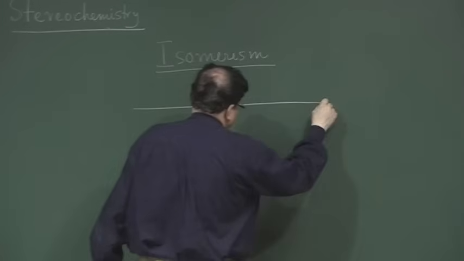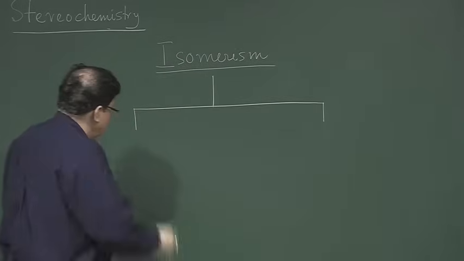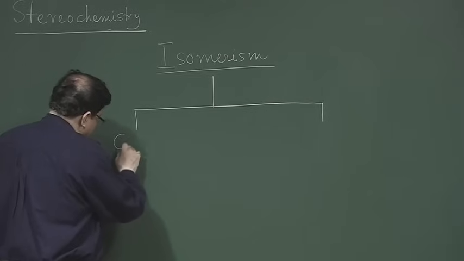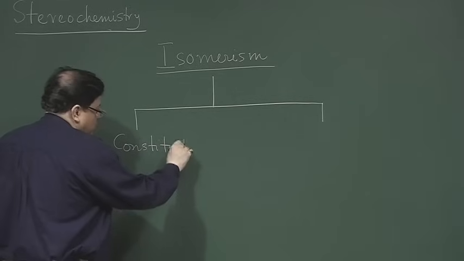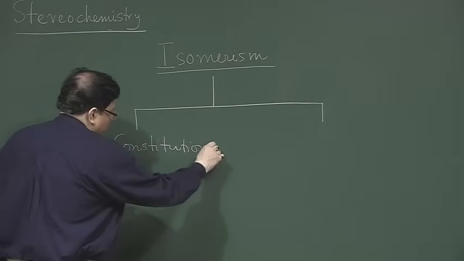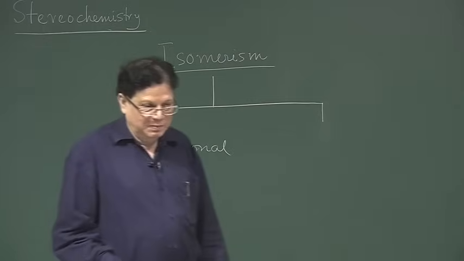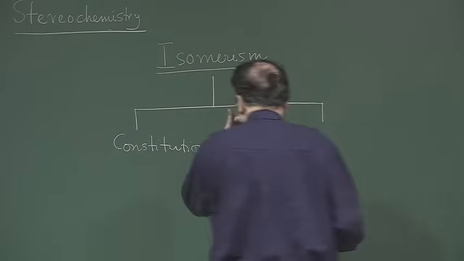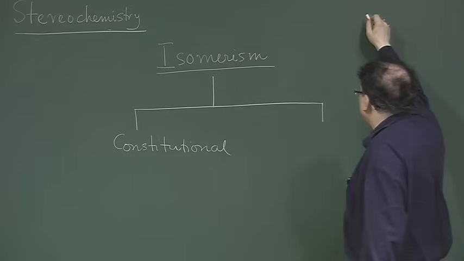One was based on two dimensional chemistry, and that is called, the kind of isomerism that you are exposed to is called constitutional isomerism. Now, what is that? What is constitution? Constitution is nothing but what is called the connectivity.